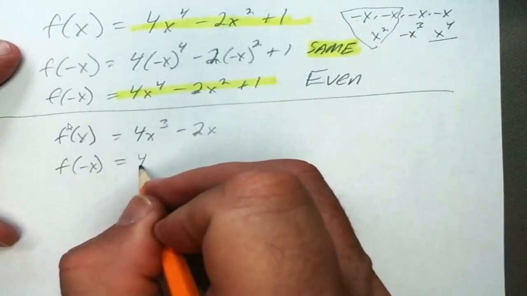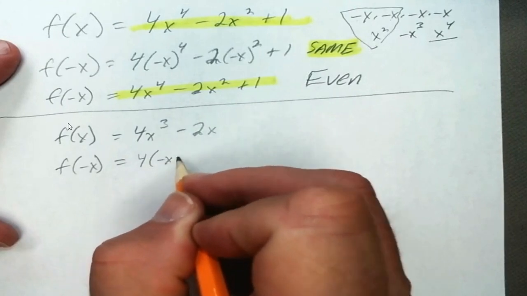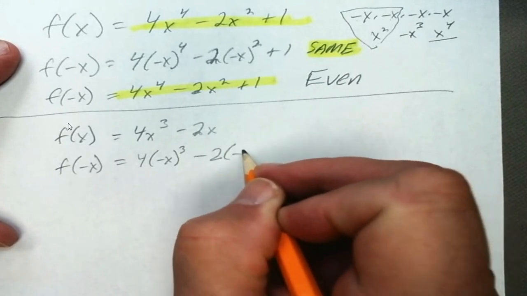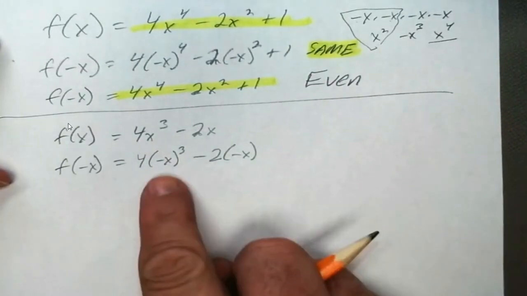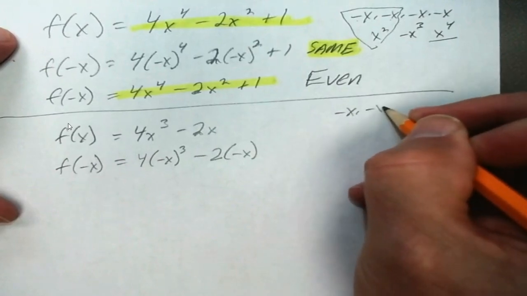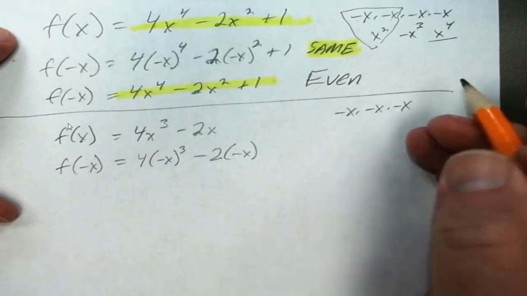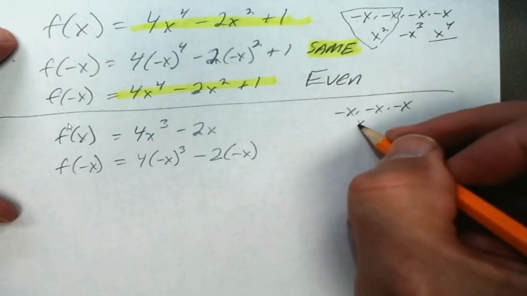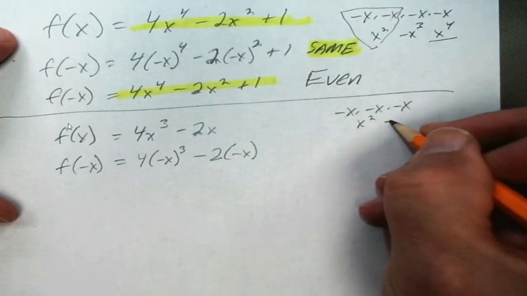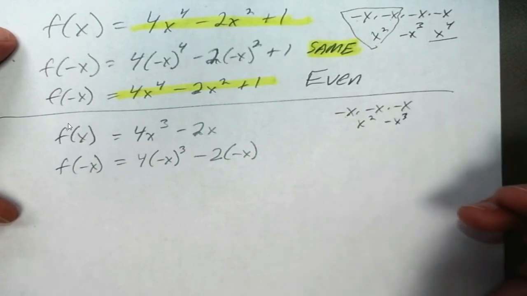So it's 4 times negative x to the third minus 2 times negative x. Negative x to the third: negative x times negative x times negative x. Negative x times negative x is a positive x squared. If I take that times a negative x, that's negative x to the third.